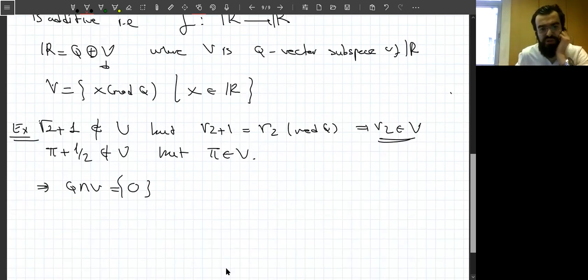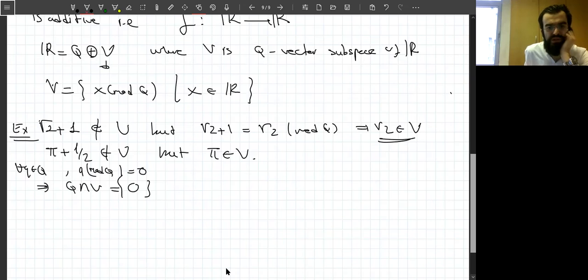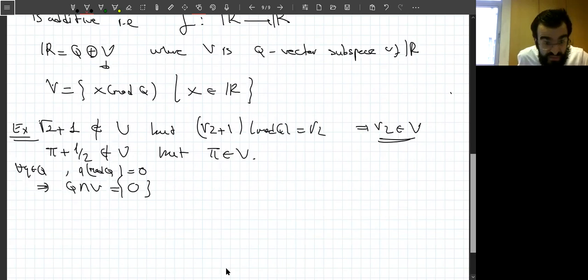For any rational number q, and for all q, q mod Q is 0. So 0 belongs to here. Show V is a vector space.